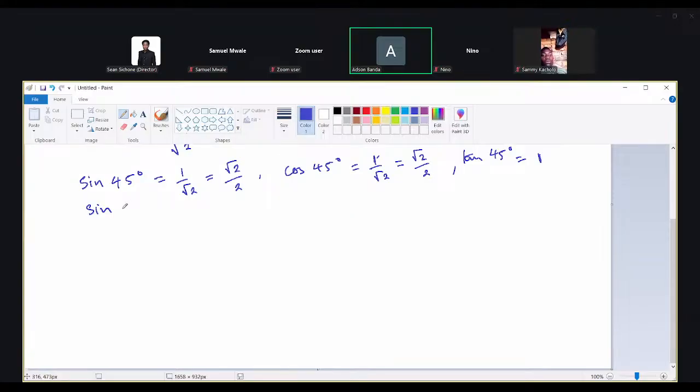All right, so we want to think of sine 0 degrees, the cosine of 0 degrees, and the tangent of 0 degrees. Right, so in this case, let's think of a circle. Let me see if I can draw a circle again.